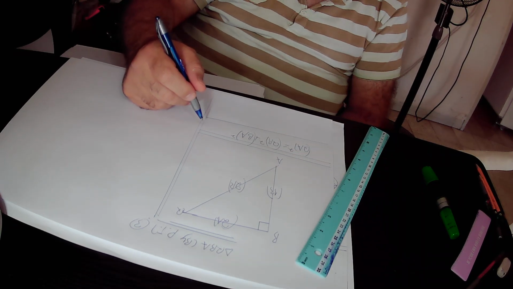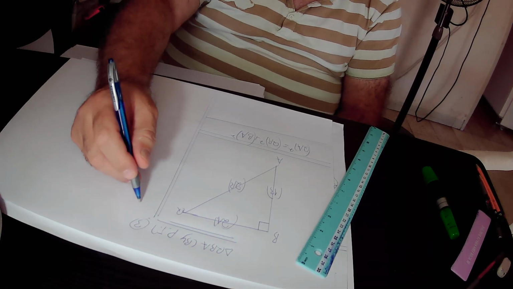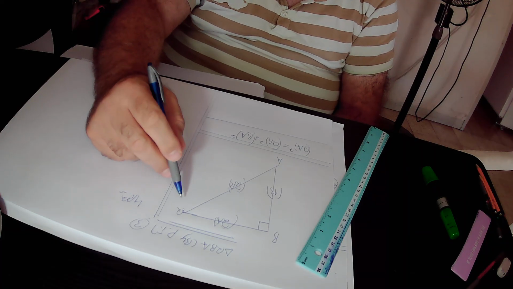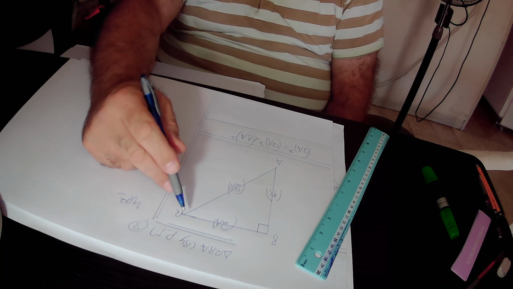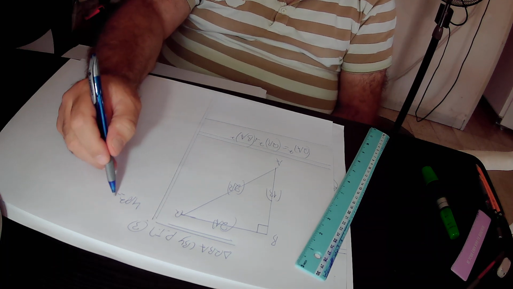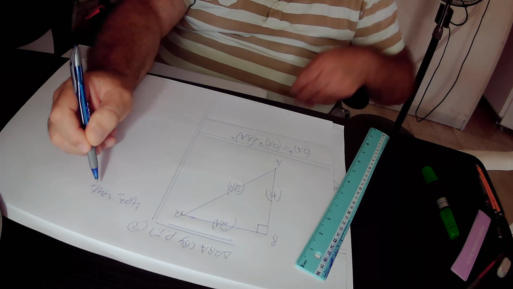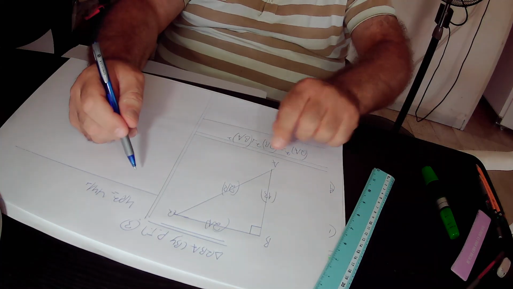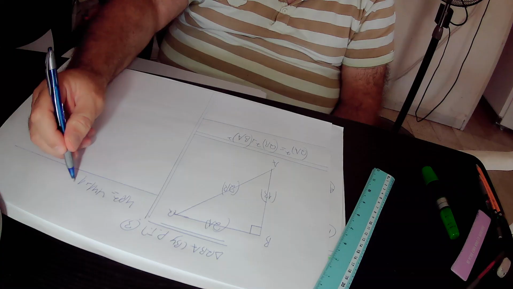QA is 2r, therefore QA squared is 2r squared, that is 4r squared. And it equals QB squared. QB is 21, therefore QB squared is 21 squared, that is 441, plus BA squared. BA is 13, therefore BA squared is 13 squared, that is 169.